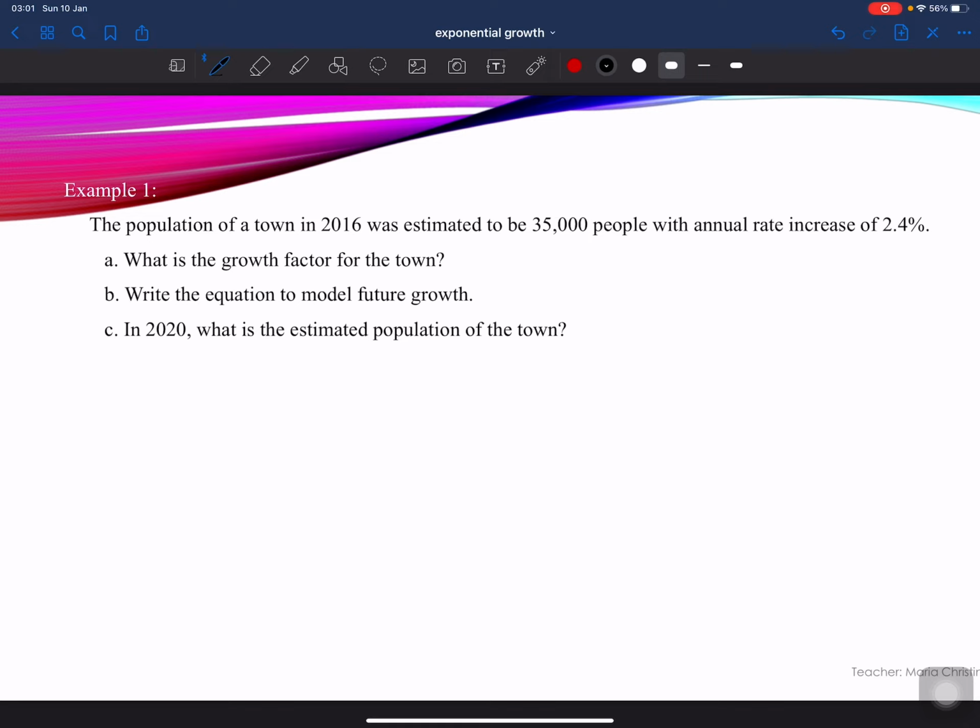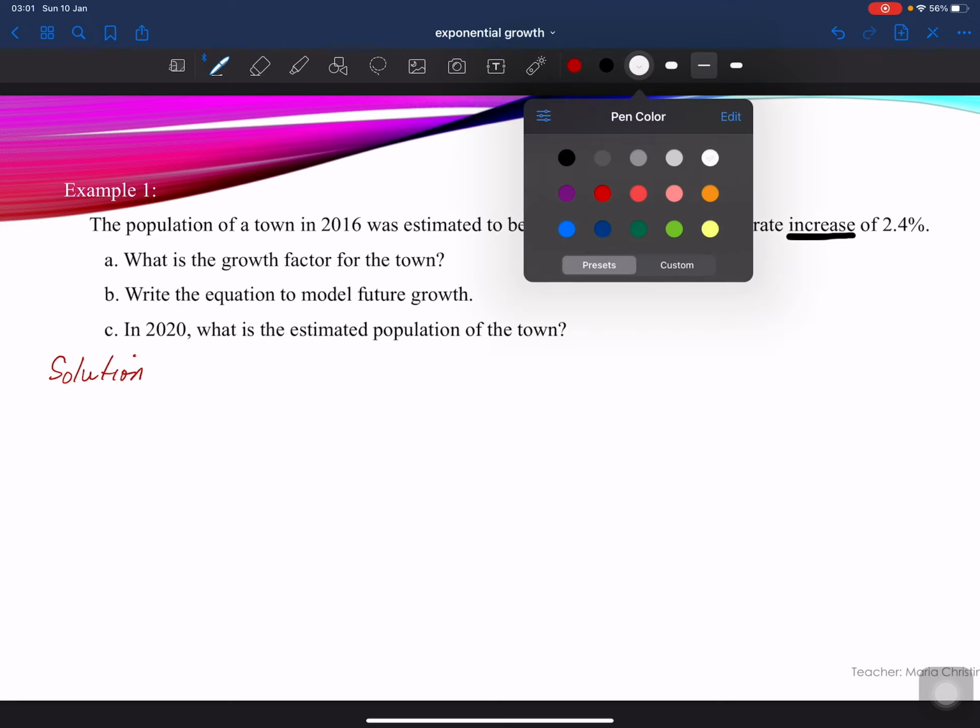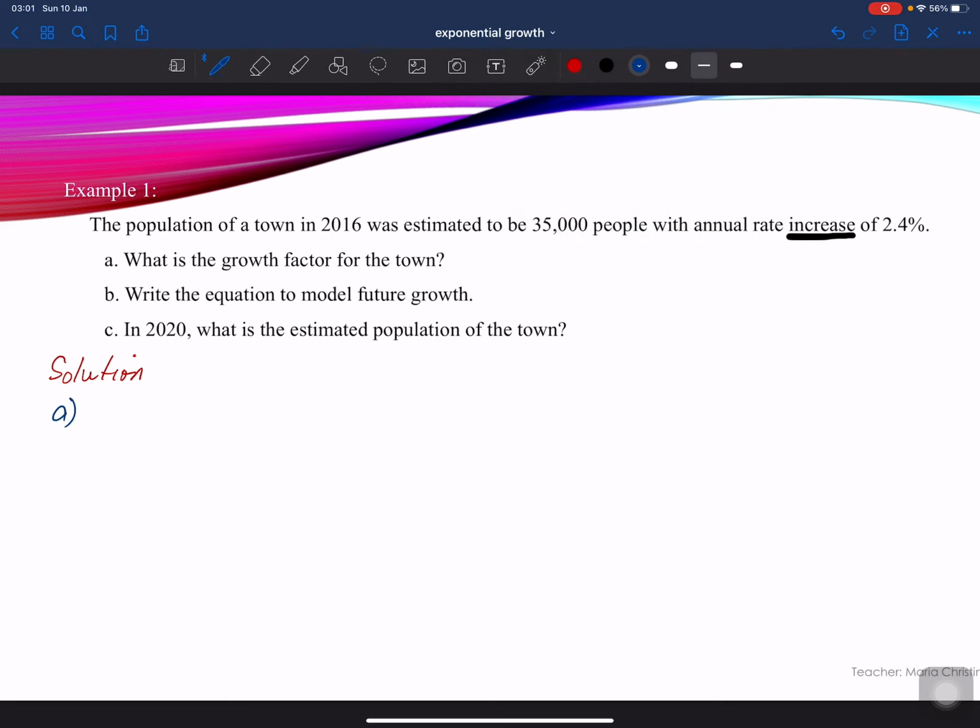Now, let's begin with writing our equation. Since it is an increase, definitely it is growth. So you have solution, for your solution here, say letter A, you have your growth factor.